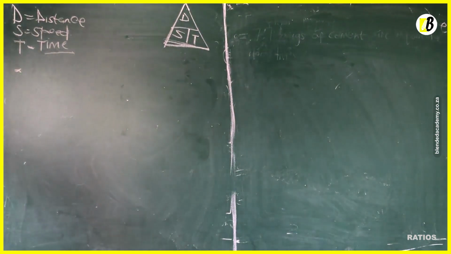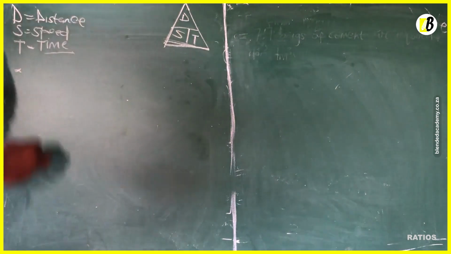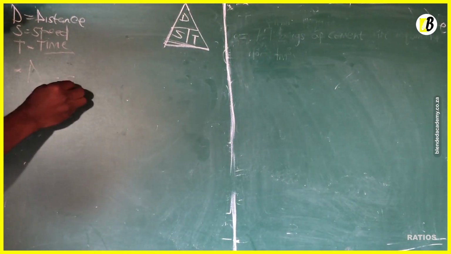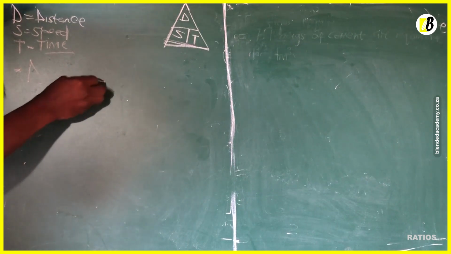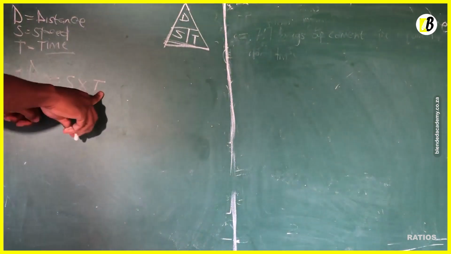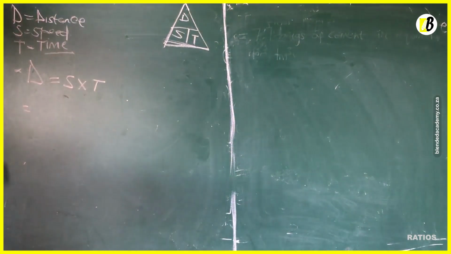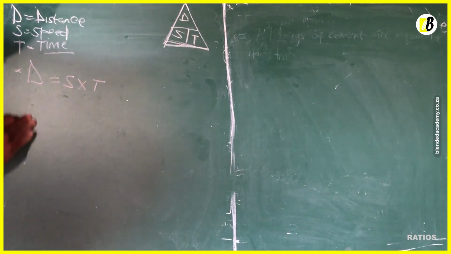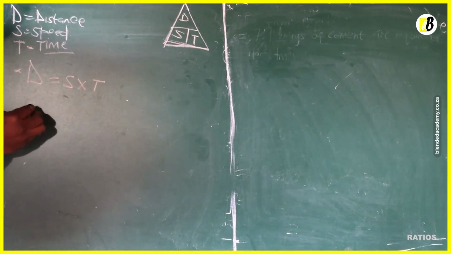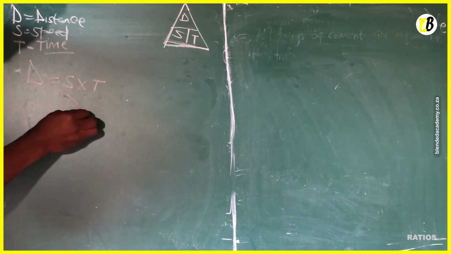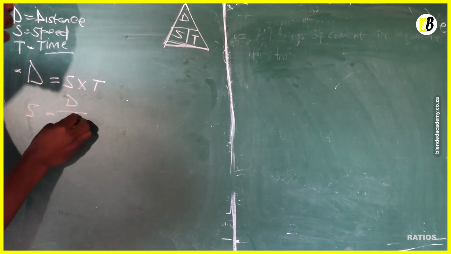What if the question wants you to calculate the distance? It means that you're going to write distance will be equal to S multiplied by time. S for speed multiplied by T for time, right? But what if the question asks you to calculate the speed? It's going to read as follows: speed is equal to D divided by time.